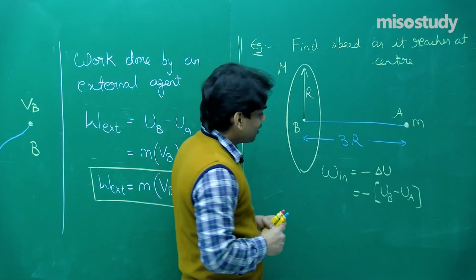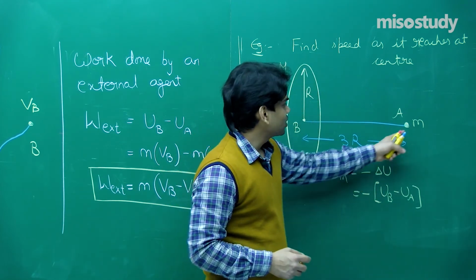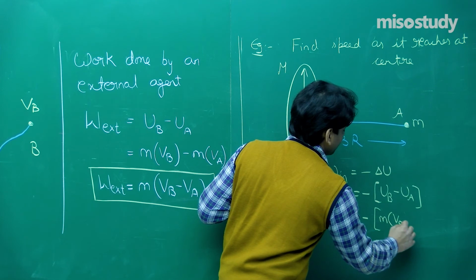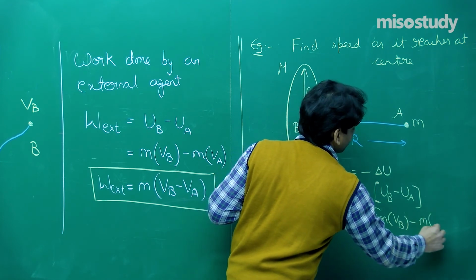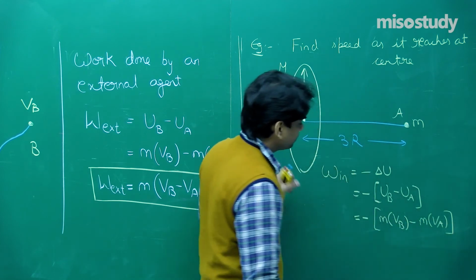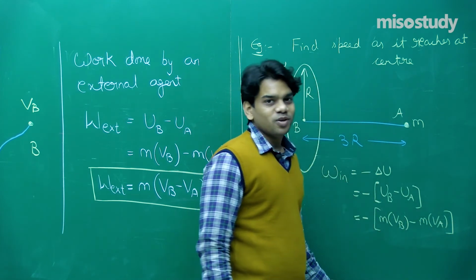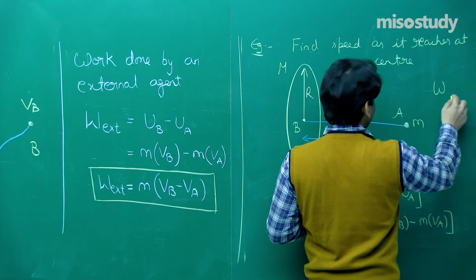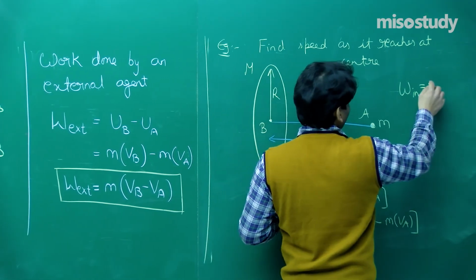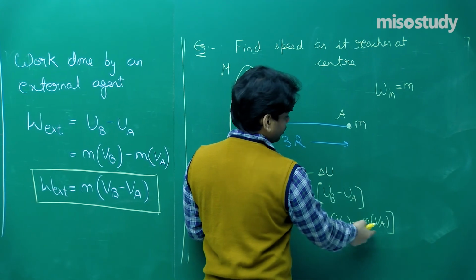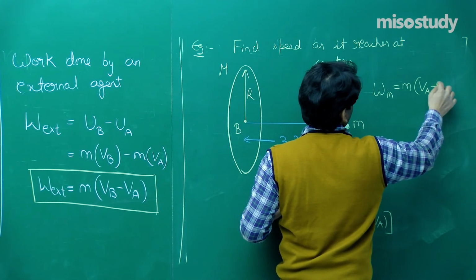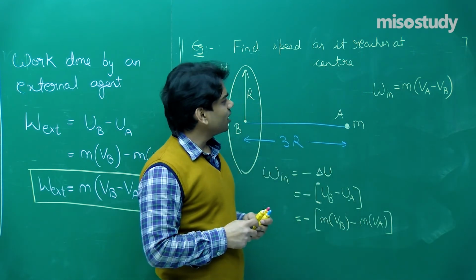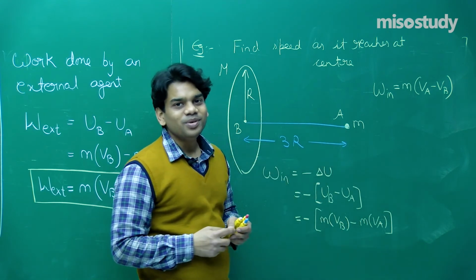Now UA and UB can be written as m times VA and m times VB, so the work done by the internal force is m into (VA minus VB), where A was the initial point and B is the final point. See how stepwise I am using the same concept.